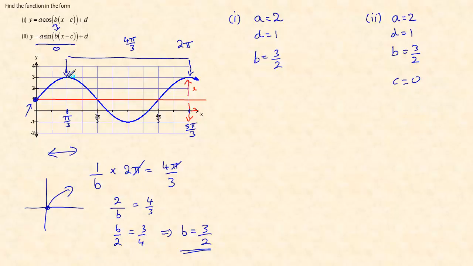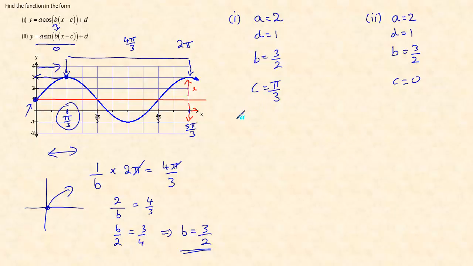With this one, it's this point here, which is normally at 0. So this one has moved to the right by pi by 3. So x minus pi by 3 will do that, so I'm going to suggest that C is pi by 3.